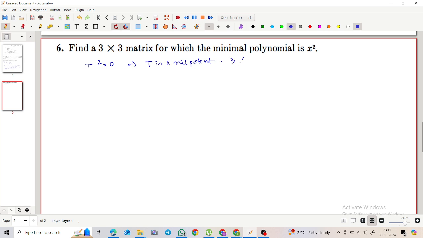T is a nilpotent 3 cross 3 matrix, right?